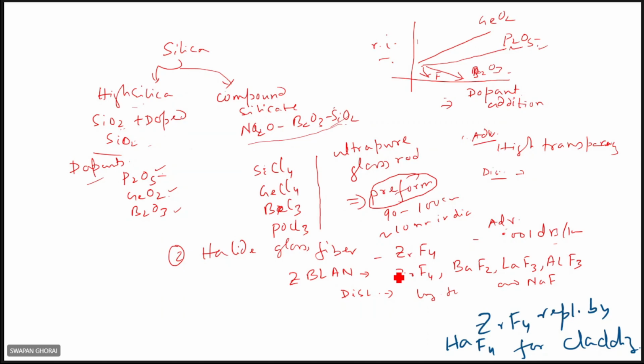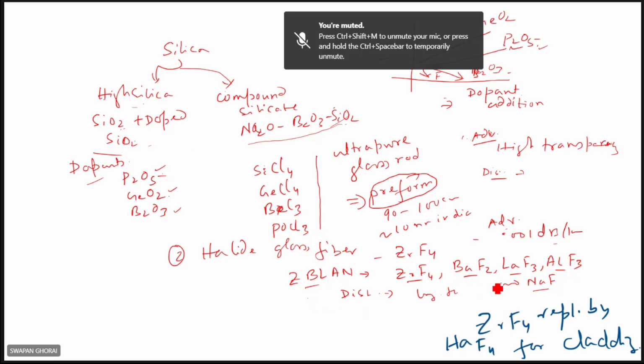One example of this fluoride glass is ZBLAN, which is widely used. The constituents are zirconium fluoride, barium fluoride, lanthanum fluoride, aluminum fluoride, and sodium fluoride.